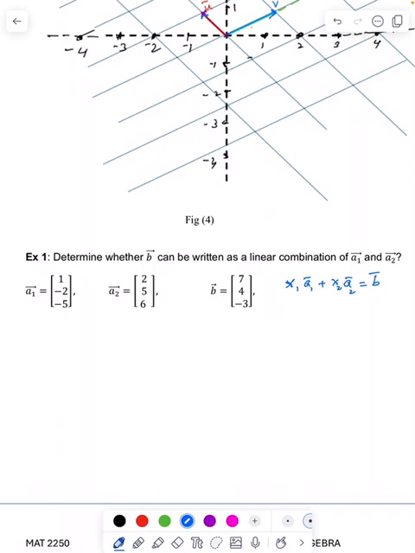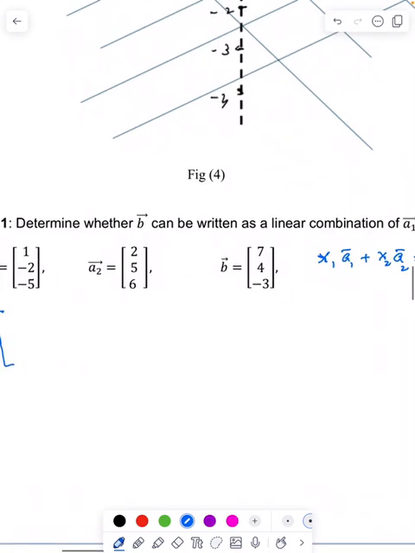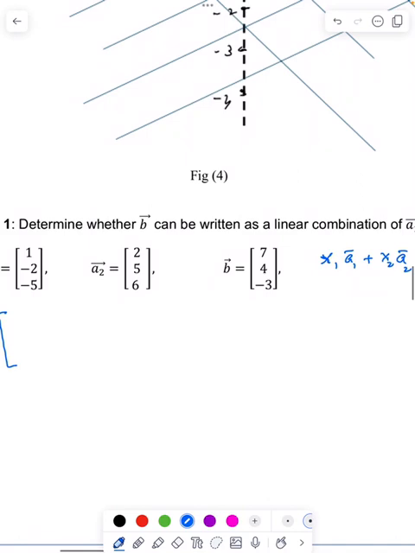Solving this vector equation means basically just solving using the augmented matrix, and I augment this B here.